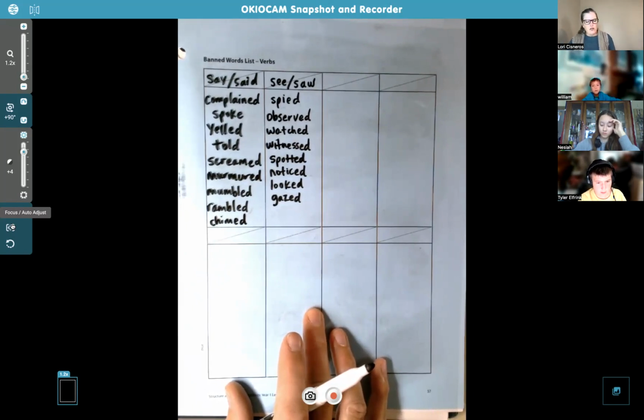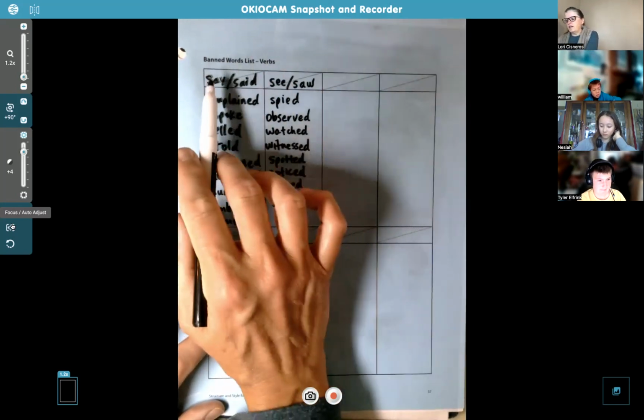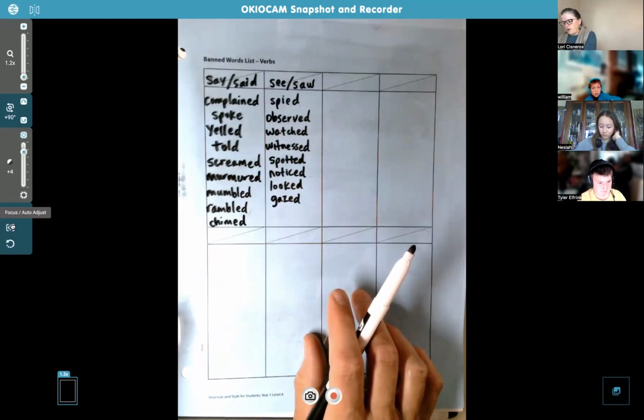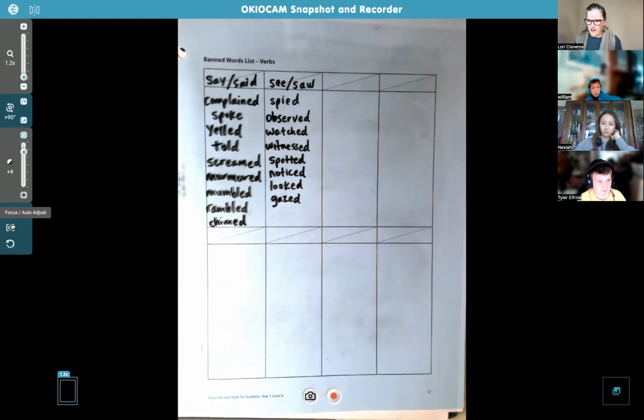But like I said, use a thesaurus if you have one at home or online if your parents are okay with that. You can look up another word for saw or to see, and you can get more ideas other places. So from now on, said and saw are no longer allowed in your writing. Okay. So try to think of better words to use for those.